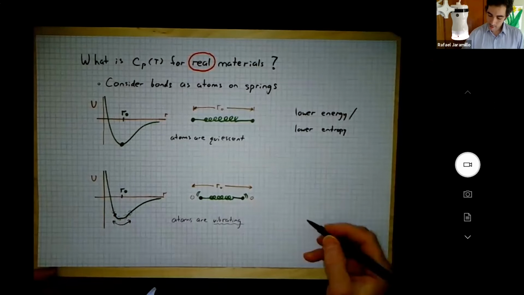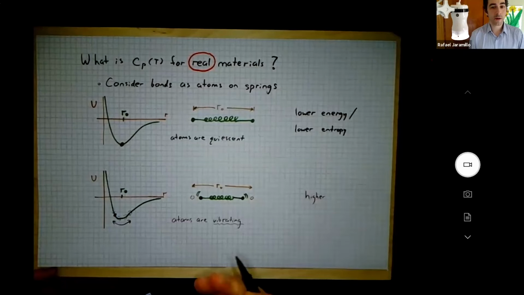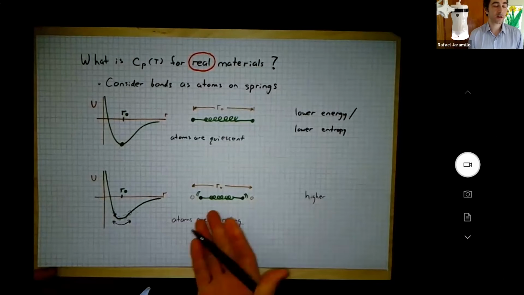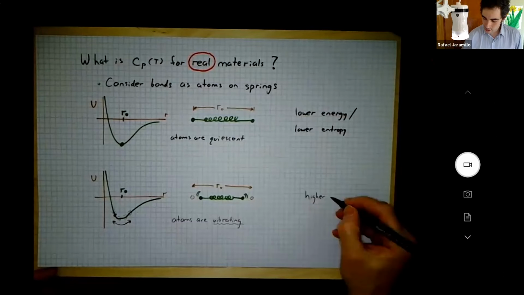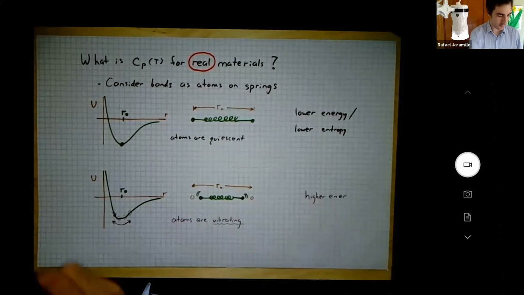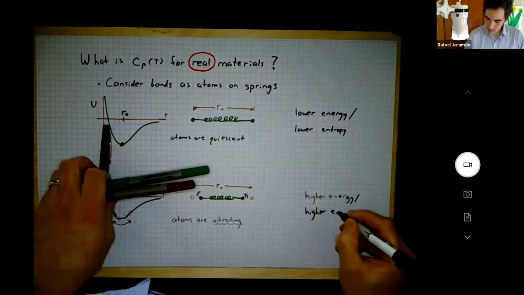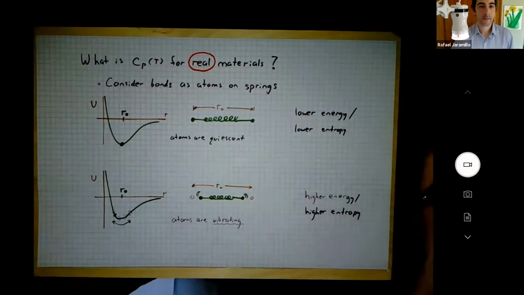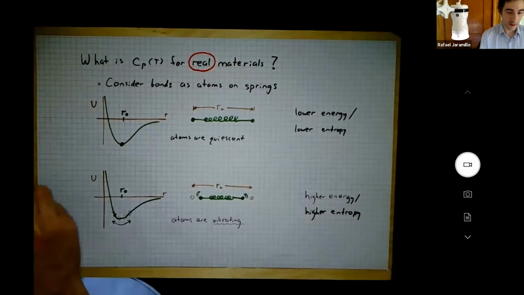And there's also a higher entropy because there's an amount of disorder associated with the location or the vibrational state of the atoms. So this is higher energy, higher entropy. So that's a relatively straightforward concept.